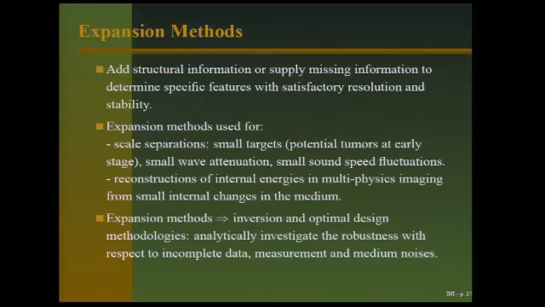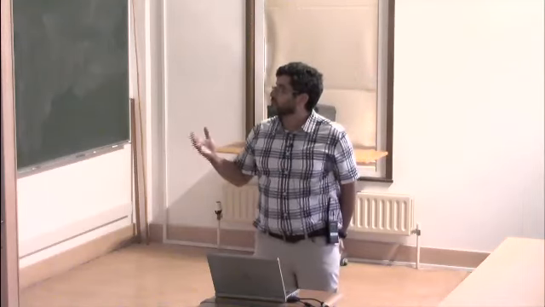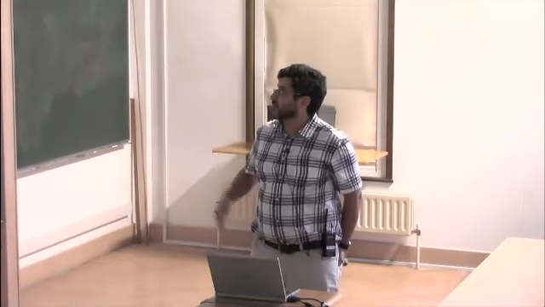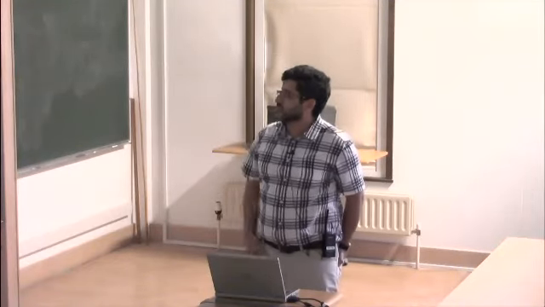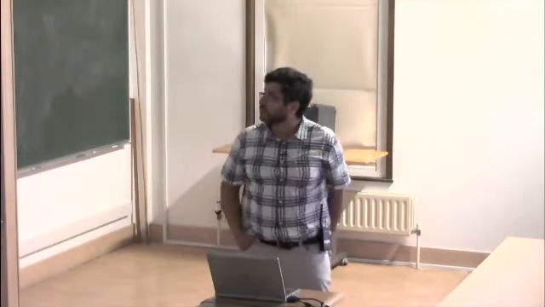And actually what we have been doing is first using these expansion methods to understand the information contained in the data, then build inversion and optimal design methodology, and then investigate their robustness with respect to incomplete data, measurement and medium noises. What we would like is to have the best imaging function for a specific problem, and the best is in the sense of resolution and stability.